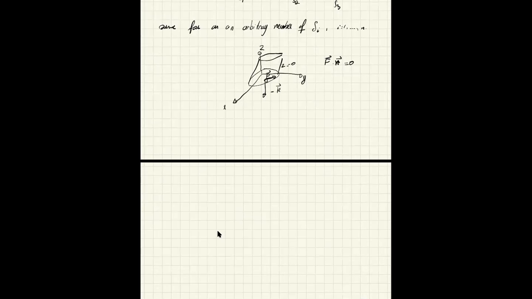So this is some kind of not related to any of it. Here we're going to be back to 2D. Remember, Green's theorem was only for 2D, right?